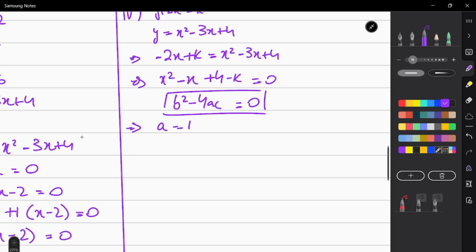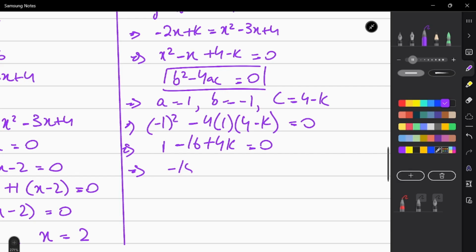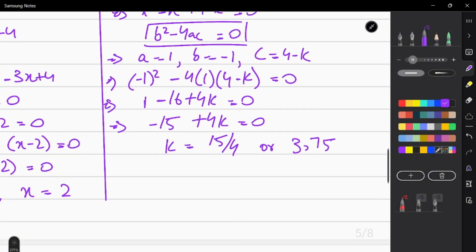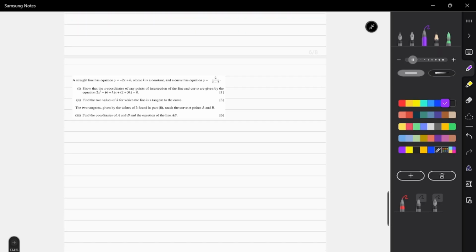Here we have a as 1, b is equal to minus 1, and c is equal to 4 minus k. Substituting these values would give us minus 1 squared minus 4 times 1 times 4 minus k. 1 minus 16 plus 4k is equal to 0. Minus 15 plus 4k is equal to 0, and k is equal to 15 upon 4, which in other words would give us 3.75. Right, easy. With this done, let's move on to the last question.